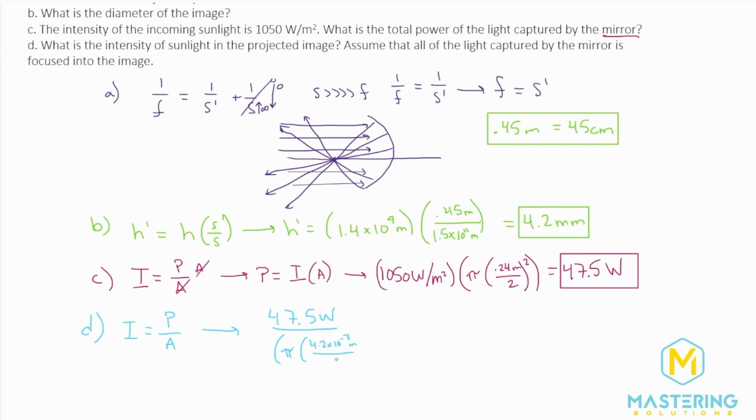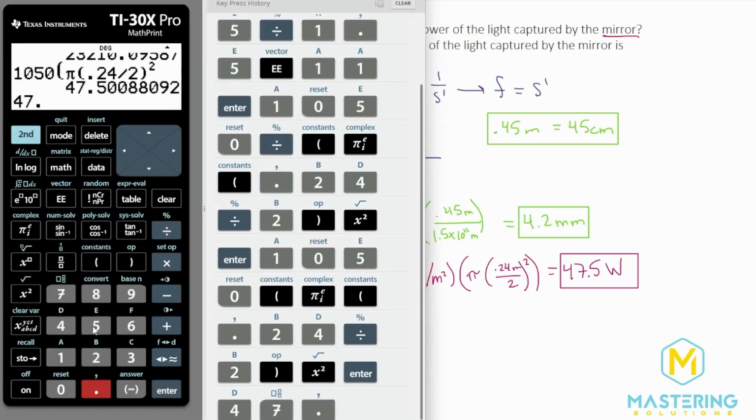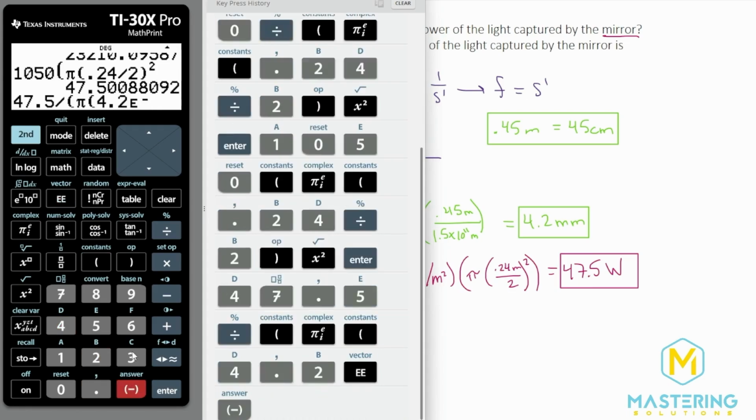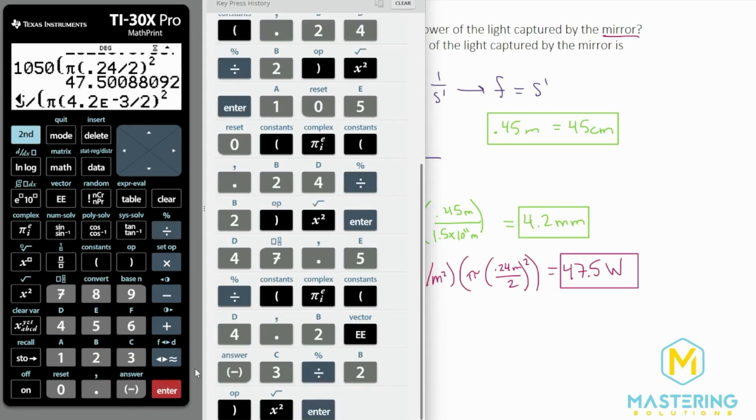That's the diameter of our image. Divide that by 2 for the radius, and then we'll square that. So we have 47.5 divided by pi times the radius, which we said was 4.2 times 10 to the negative 3, and we'll divide that by 2 and square it.